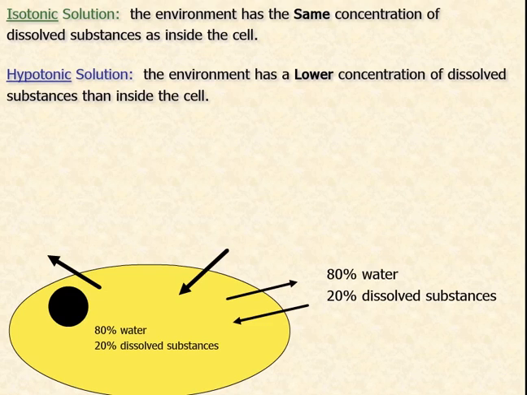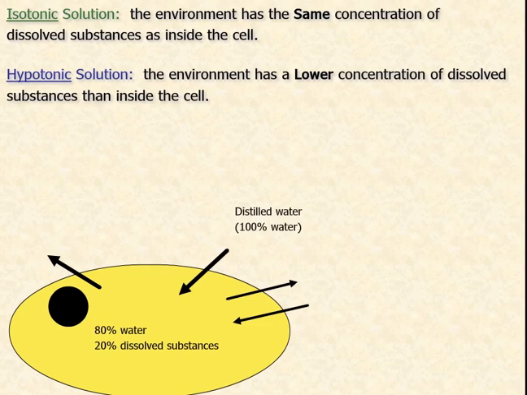Now the next one is called a hypotonic solution. A hypotonic solution is when you have an environment that has a lower concentration of dissolved substances than inside the cell. An example of a hypotonic solution is distilled water. It's 100% water, and so it has no dissolved substances in it. And because it's 100% water, please ignore the other arrows, just the arrow that's closest to distilled water.